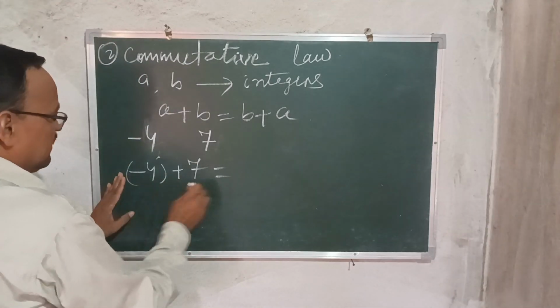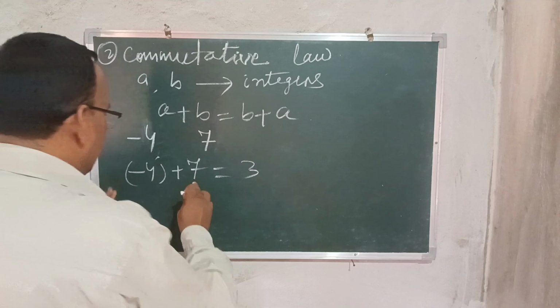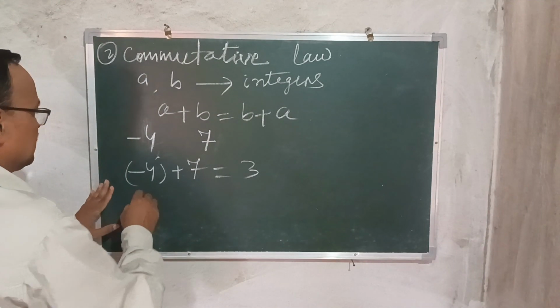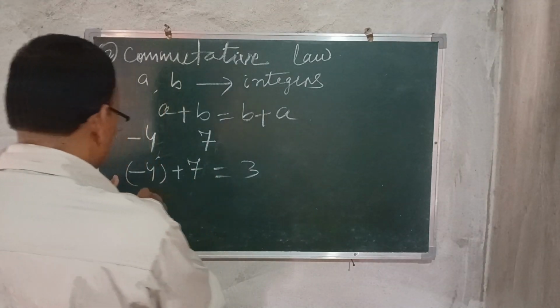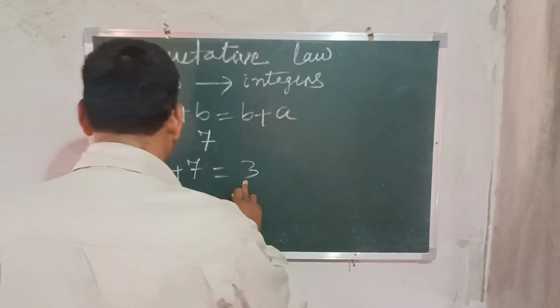That is 3, because they are unlike integers, so in that case we subtract: 7 minus 4 is equal to 3.